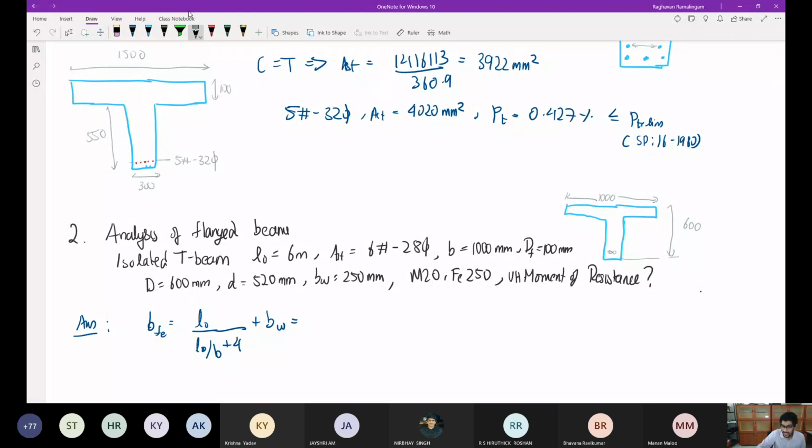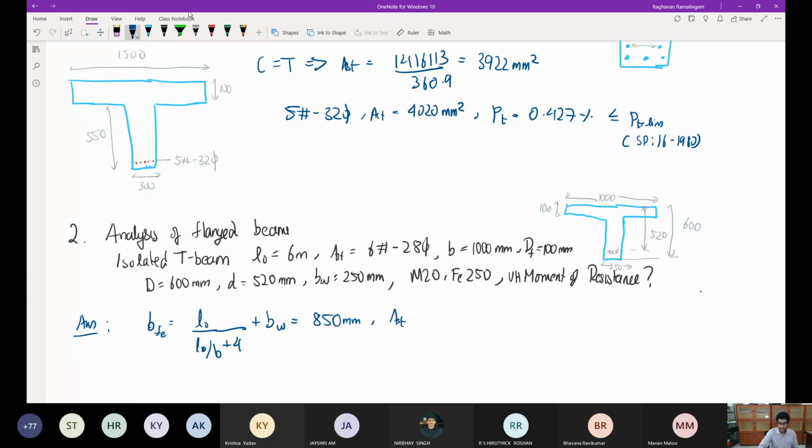If I have my reinforcement here, then this is 520, this is 100, and this is 250. These are the things that have been given to us. So as somebody told me, the effective width will come as 850 mm. This is the first thing you had to find.